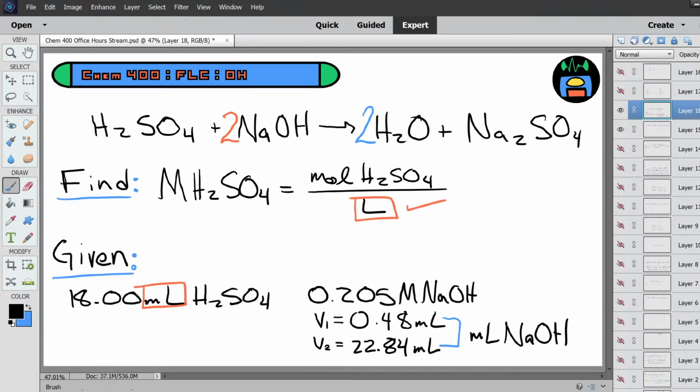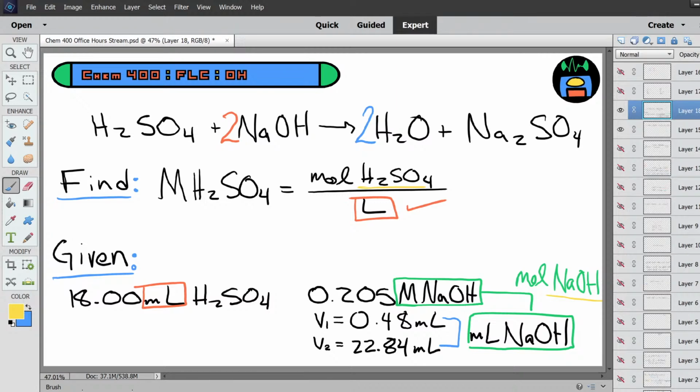And anytime you're given a volume and a molarity of the same thing, you can use this to find moles. Now you'll notice that this quantity in moles is not this quantity in moles.